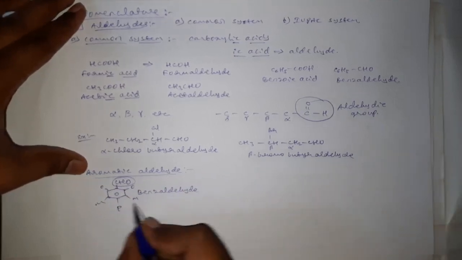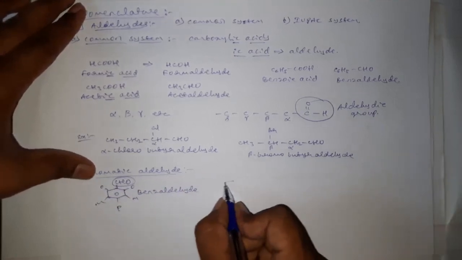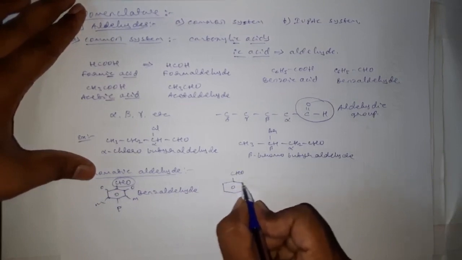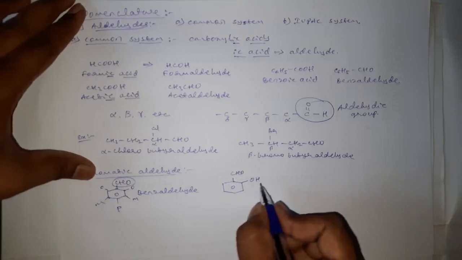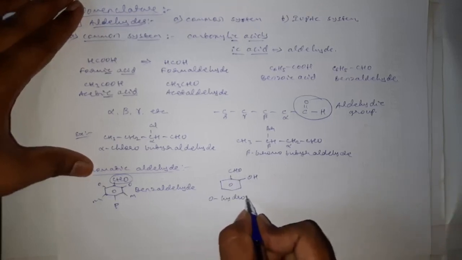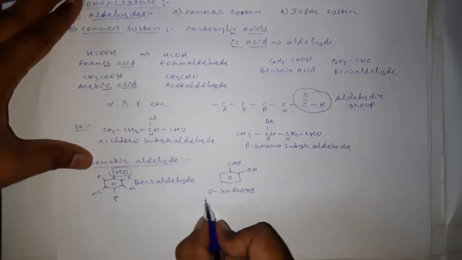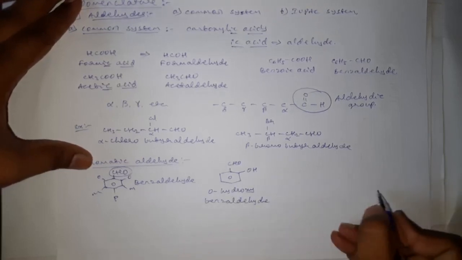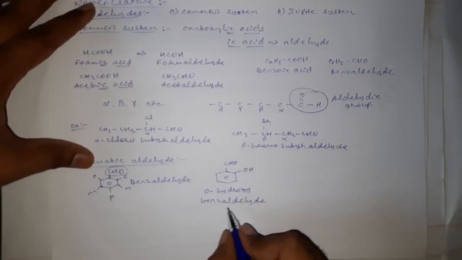Okay, see, this is benzaldehyde, and if it has one OH at this position, then it is called ortho-hydroxy benzaldehyde.